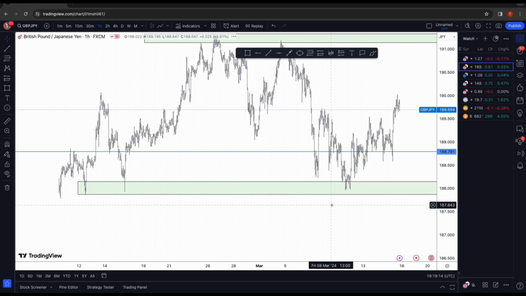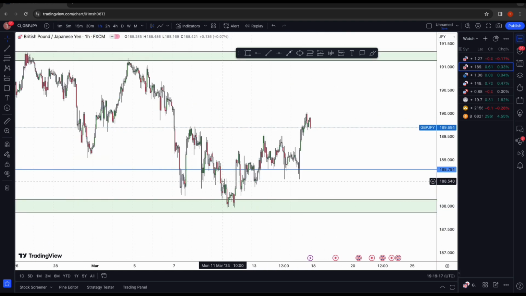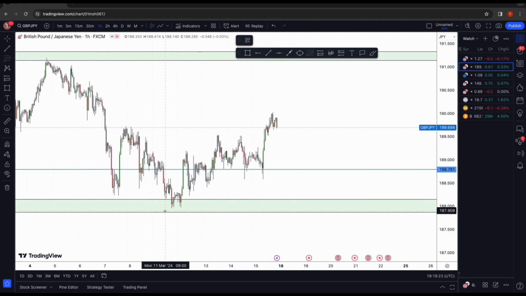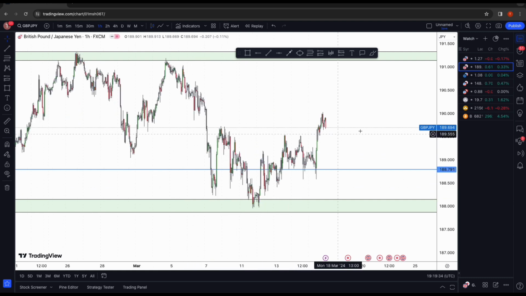So we dipped below, broke above this structure here, come back down, probably a 78.6 fib retracement. Yep, look at that, absolutely perfect. Continued up, made a new high, come back down, made a new high again above this level. Could maybe draw it across there.